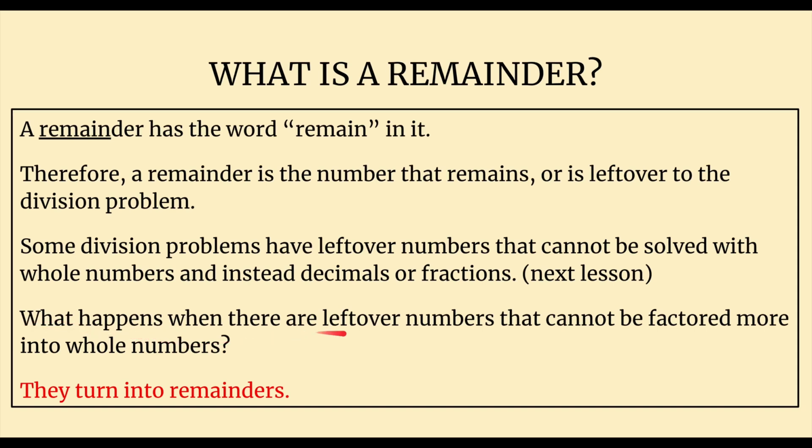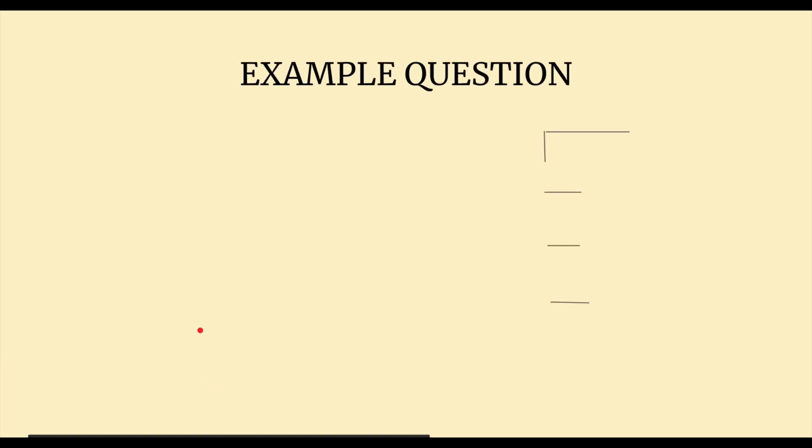So what happens when there are leftover numbers that cannot be factored more into whole numbers? They turn into remainders or decimals, but for now remainders. Okay, so let's try this on this example question. If the divisor is 9 and the dividend is 6,107, just solve it like normal. The first part's just normal long division. So 9 goes into 61 6 times, because 9 times 6 is 54.